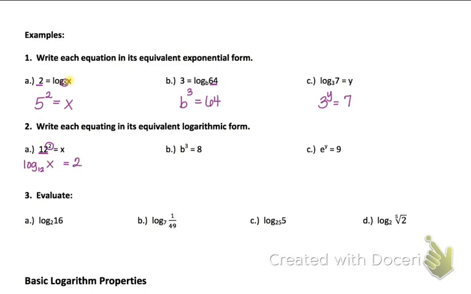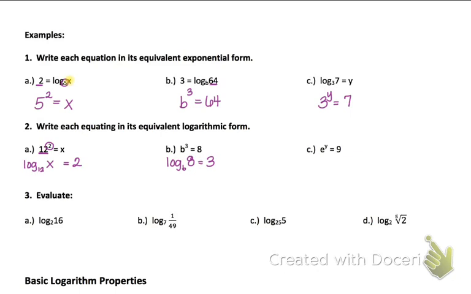That means I must be doing the log base 12 of x, okay? So here, this is going to be the log base b of, it can't be the 3, so it must be the 8, and then the log is going to equal the exponent, which is 3.